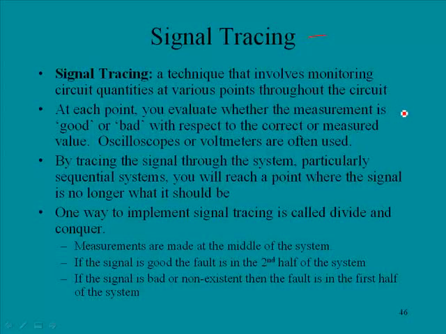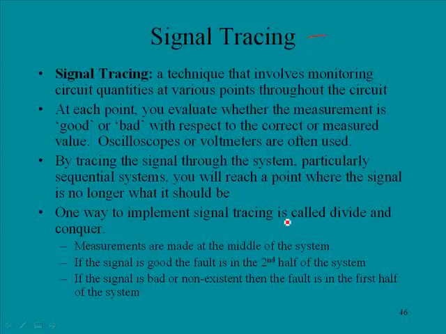Usually with given systems you'll have technical manuals or schematics that will provide that information. By tracing the signal through the system, particularly sequential systems, you will reach a point where the signal is no longer what it should be. At that point you determine, well, this is probably where the fault is.